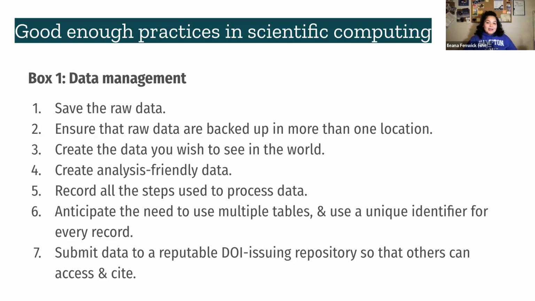So your data can, and sometimes is, more valuable and useful to others than just your analysis or published results. And so this means that anyone should be able to take a look at your data and the metadata, that data dictionary that you created, and have a picture of what's going on. And these are tools that make it possible to produce reproducible data for other people to use, and also reproducible analyses that push forward and propel our research.